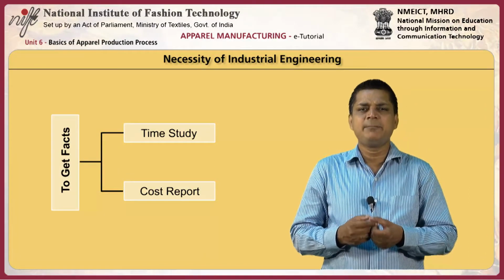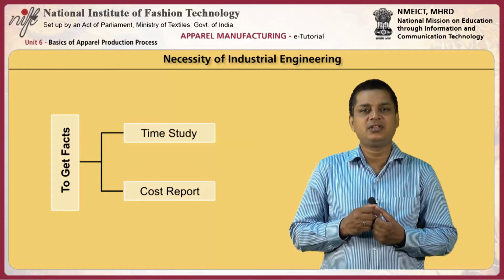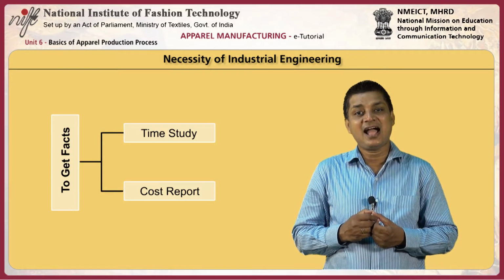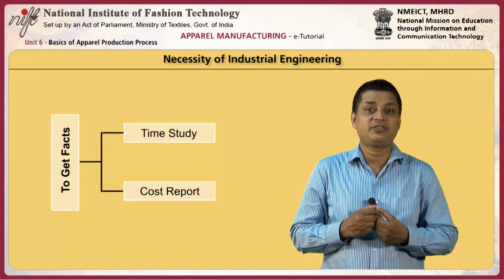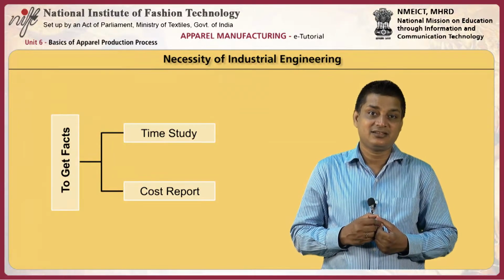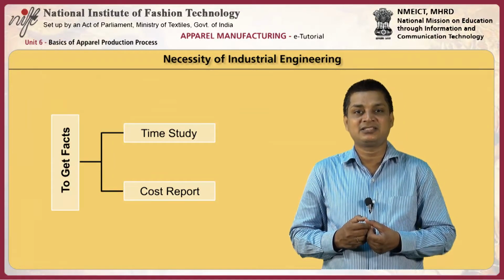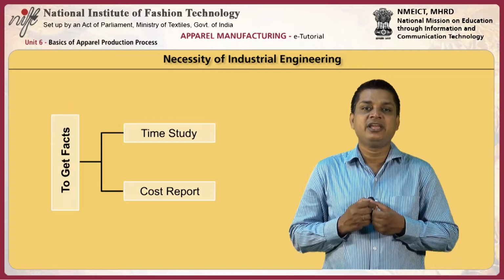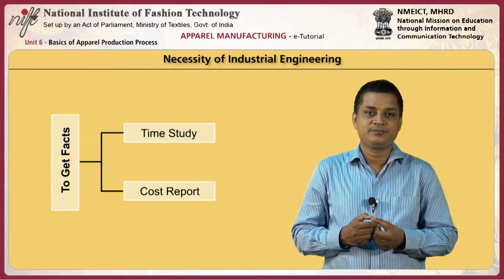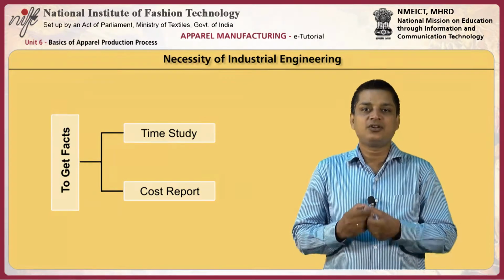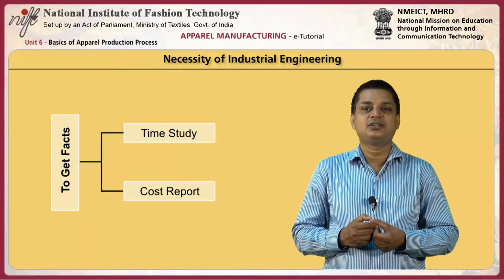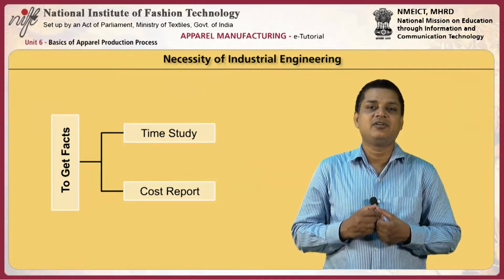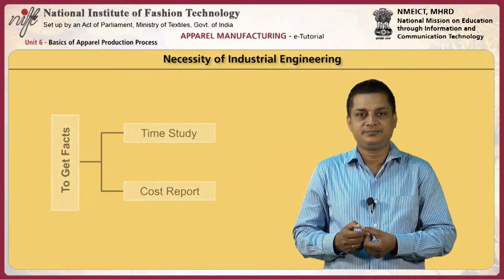These facts may be in the form of a time study the engineer has made or a cost report the engineer has designed. But in either case, the management is given information to act upon. So we can conclude that one of the basic needs for engineering is the need of management information.